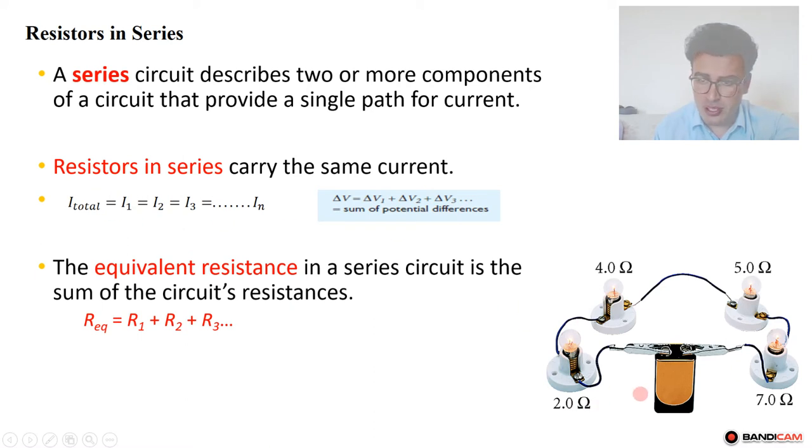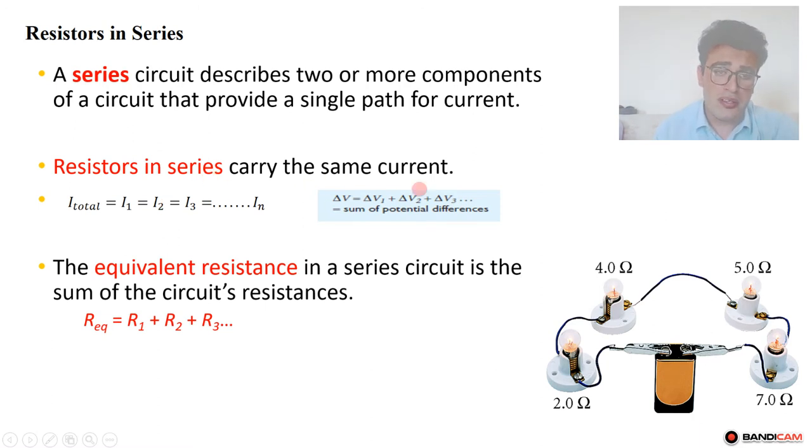If you look at the circuit, the amount of current that crosses this component, or this resistor, is equal to the amount through this one, and equal to the amount through this one. That's why we say that the total current is equal to current 1, which means the current through resistor 1 is equal to the current through resistor 2, and equal to the current through resistor 3.